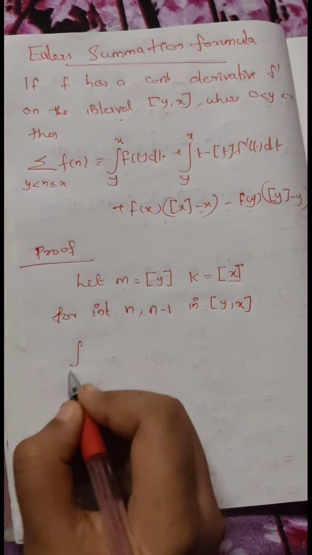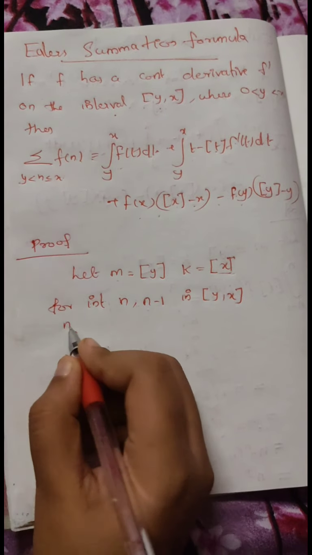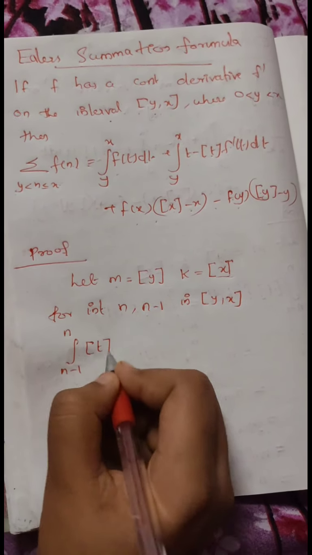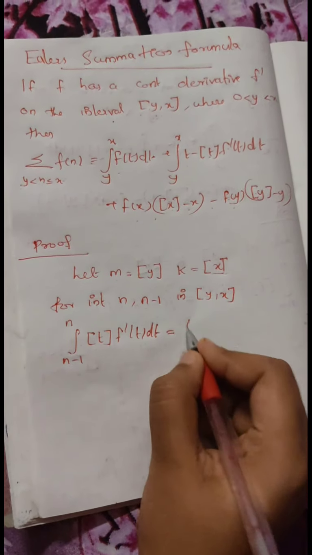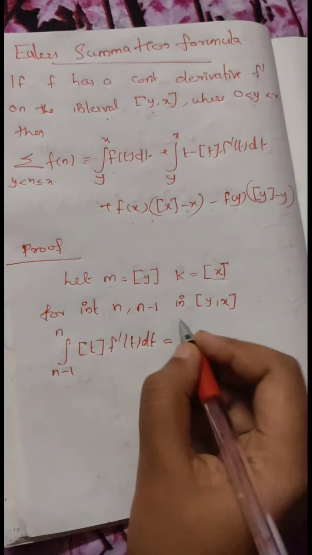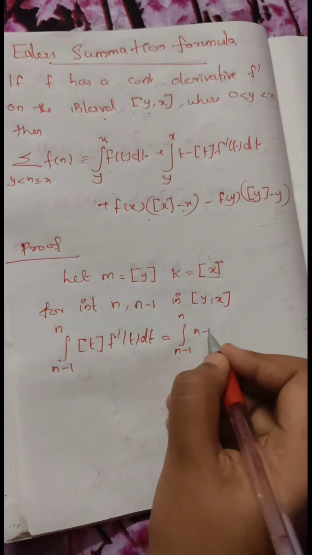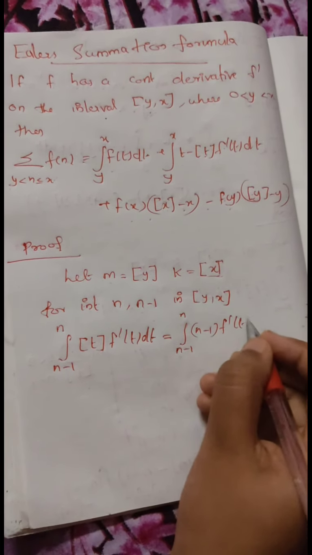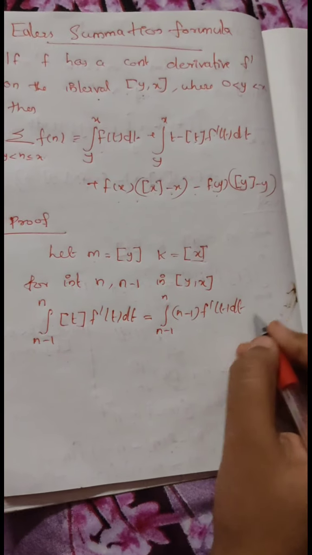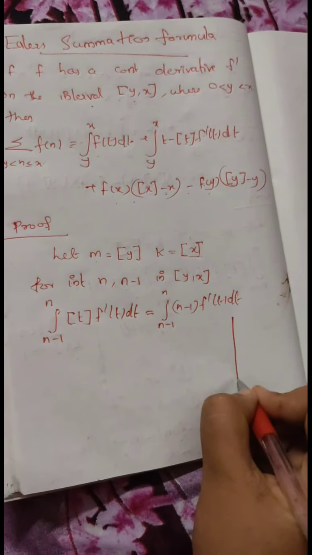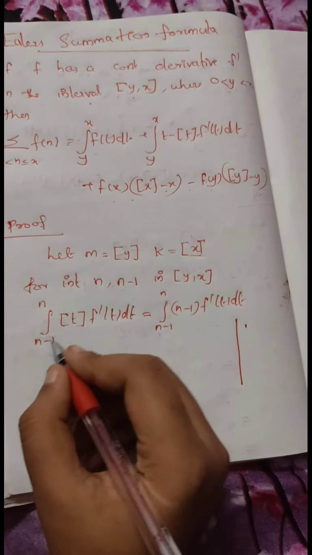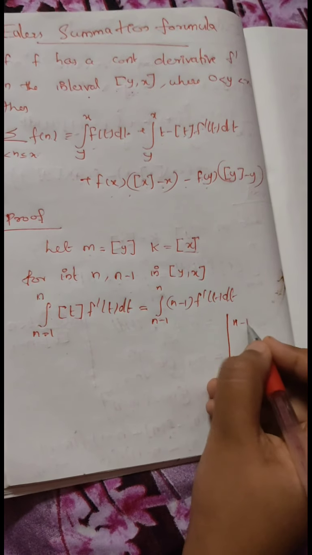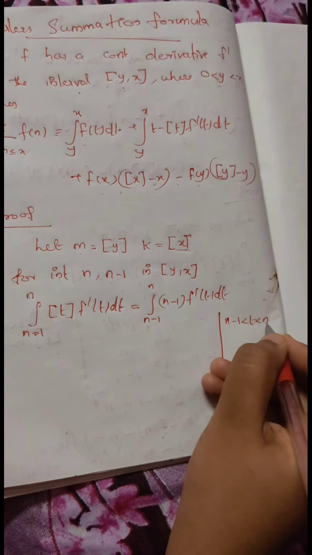Then the integral from n minus 1 to n of [t] f'(t) dt, I can write as the integral from n minus 1 to n of (n minus 1) f'(t) dt, because t is between n minus 1 and n, so n minus 1 ≤ t < n.